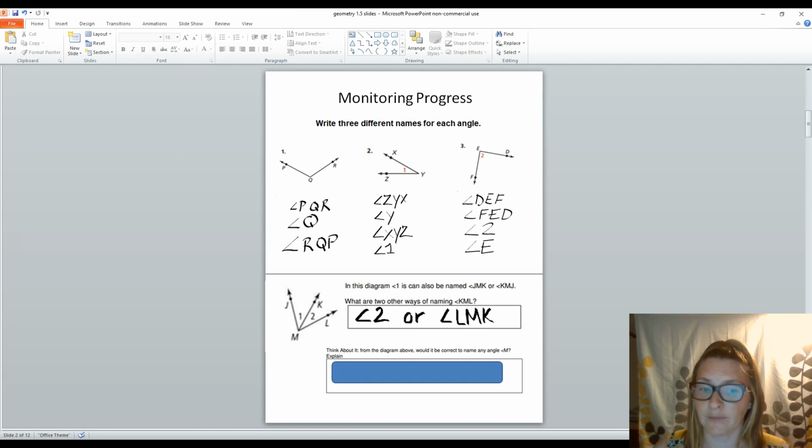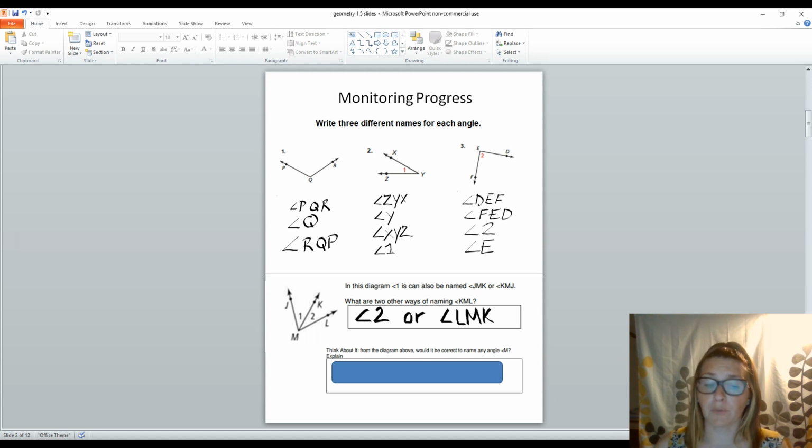Notice I did not name it angle M, which leads me to my next question. From the diagram above, would it be correct to name any of the angles angle M, and explain why or why not? So if I asked you which one is angle M, would you be able to tell me if I'm talking about angle 1 or angle 2 or the entire picture of JML?